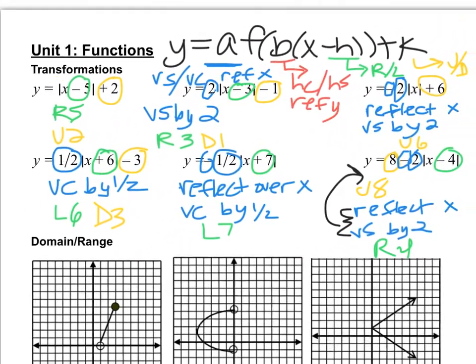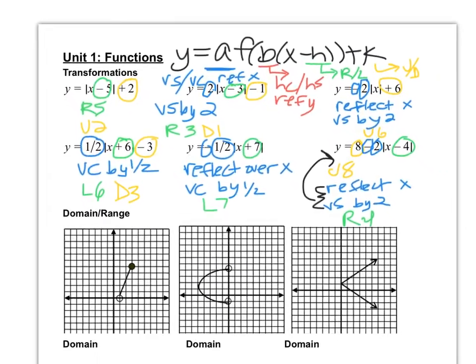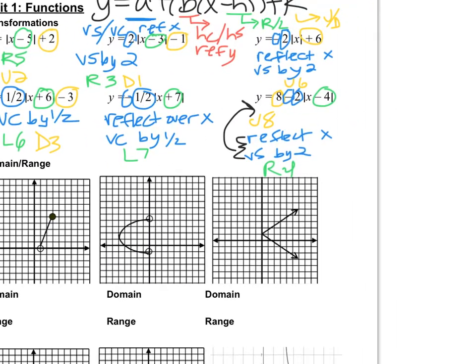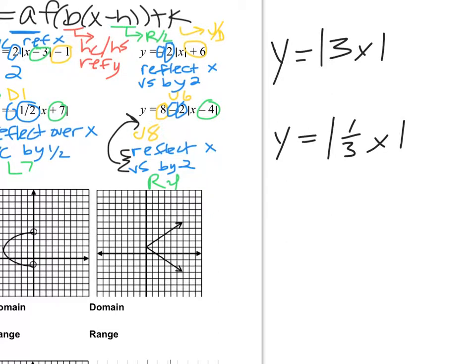I just realized we don't really have a lot that are horizontally compressing, so let's add somewhere on the side of your page an example with horizontal, because that's where you can get tripped up. So y equals, let's say, 3x. Y equals 1/3 x.